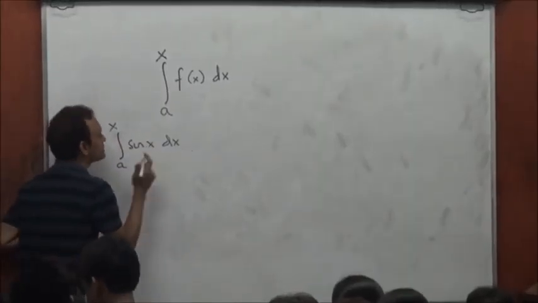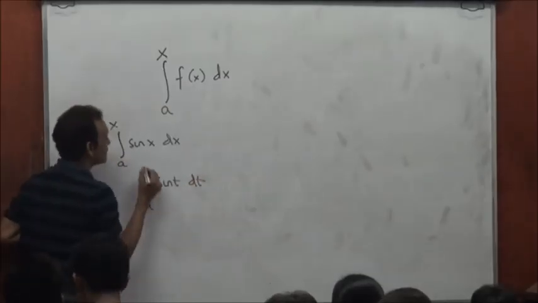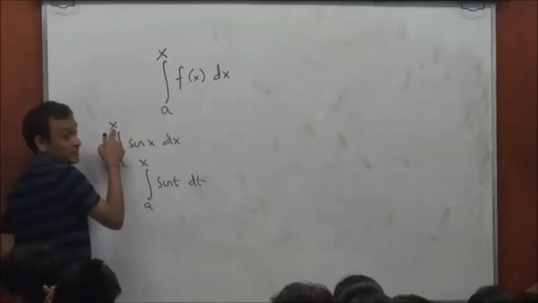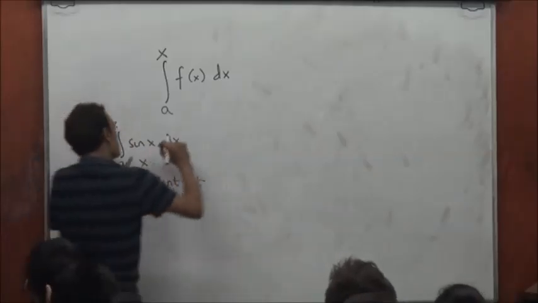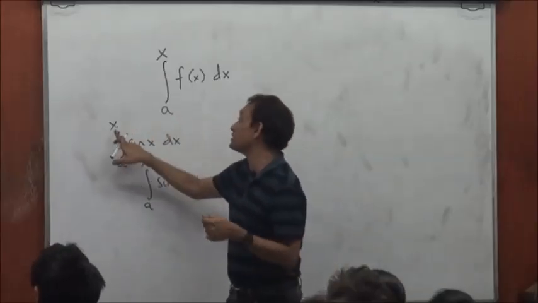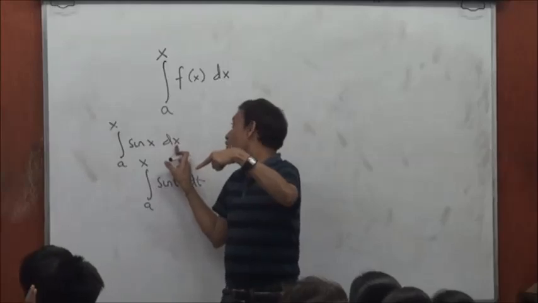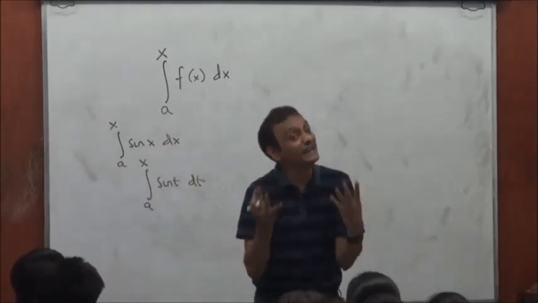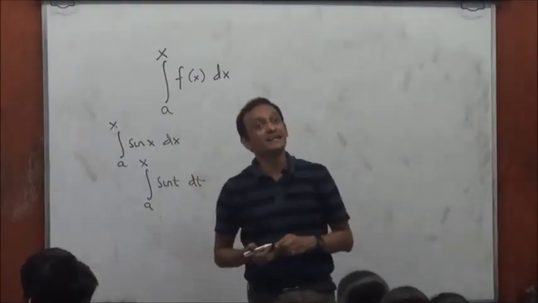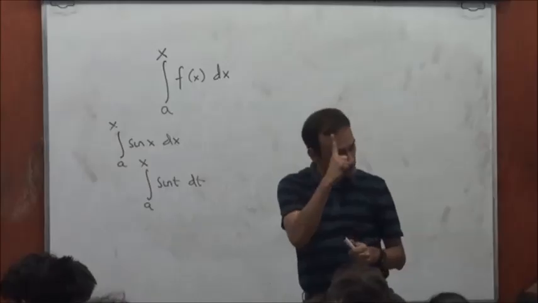Reason being, if I replace this x by t, will this integral be any different? No. But if I replace this upper x by some t, the integral will be different. So this is only temporary. It's only a stopgap, intermediate. The moment you supply the limits, it will be only the upper x. So one must very clearly understand that this x is different from the x with respect to which you are integrating. The x with which you are integrating is only temporary. Must be properly borne in mind.